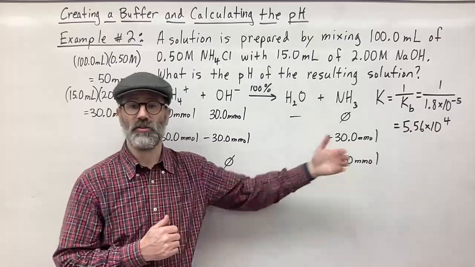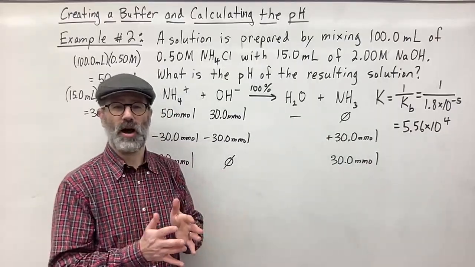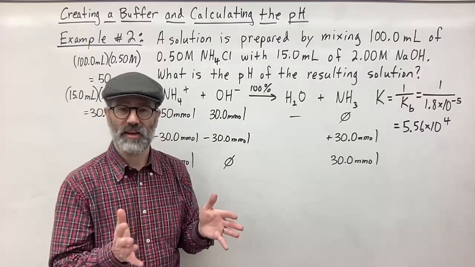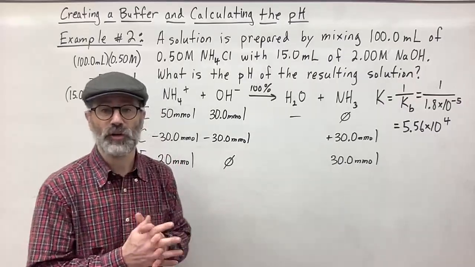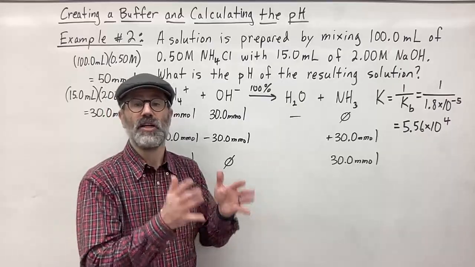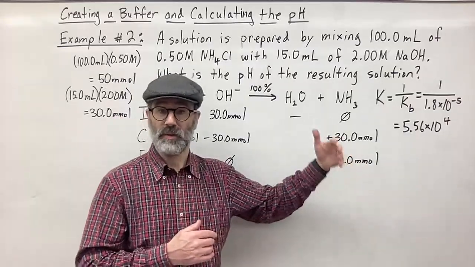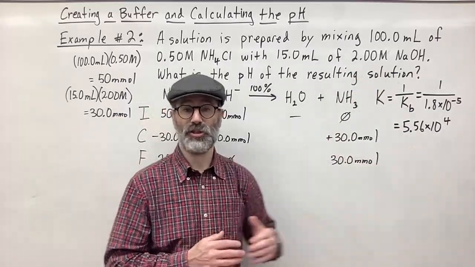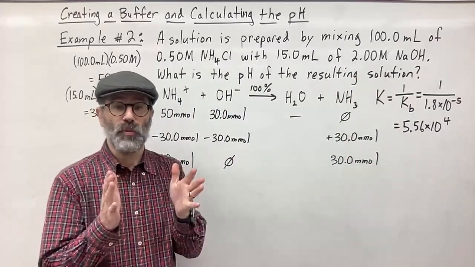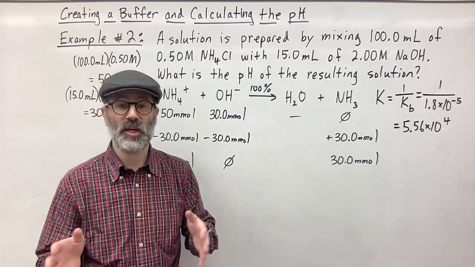Usually it's water and something else, right? So that is by definition what Ka is. And Kb is, as you can imagine, the equilibrium constant with respect to a weak base reacting with water to give you hydroxide ion and the conjugate acid, right? So those reactions define what Ka and Kb are, right?